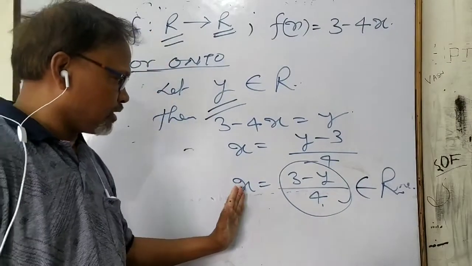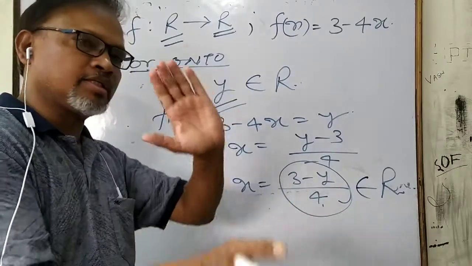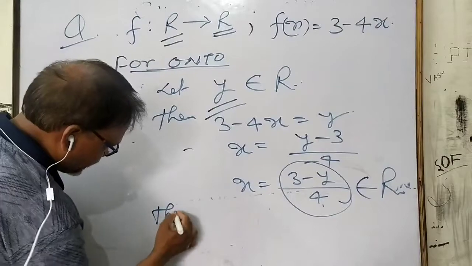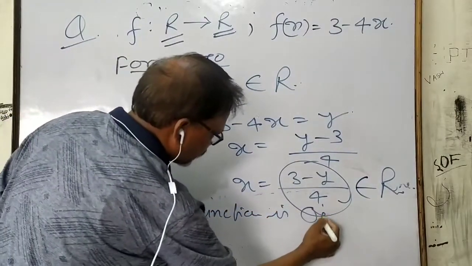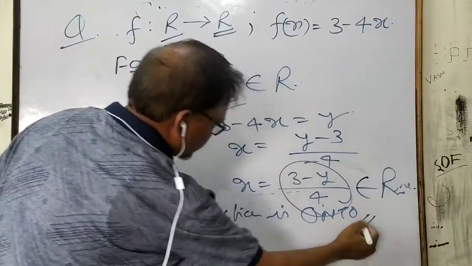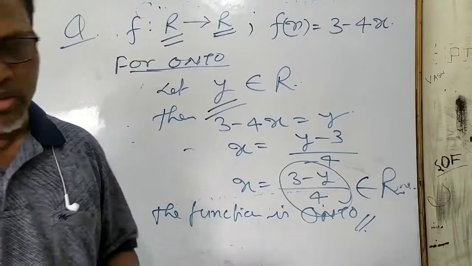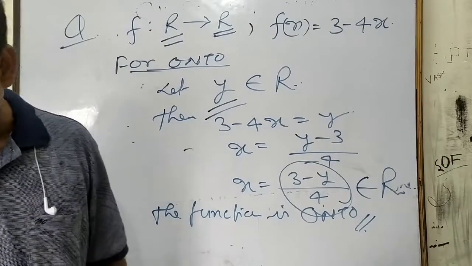So x from the domain is definitely related to y. Therefore the function is onto. So by this way you can show one-one and onto.